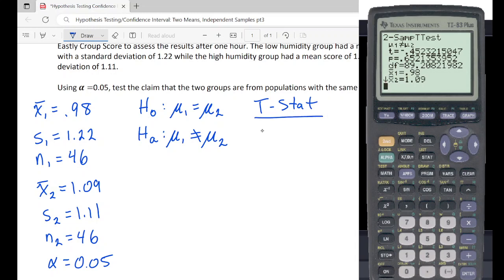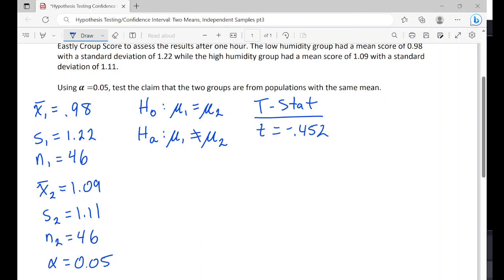So our test statistic, T equals negative 0.452, and our p-value is equal to 0.6521.